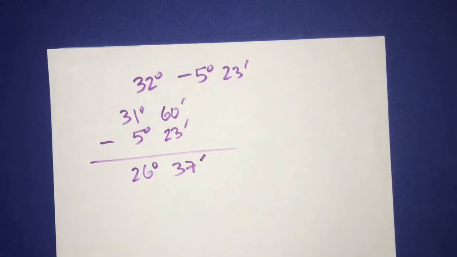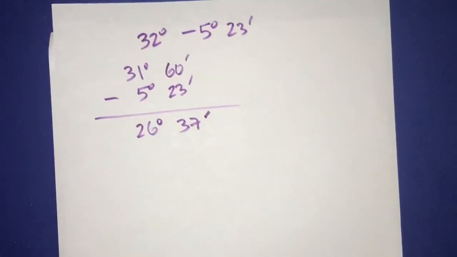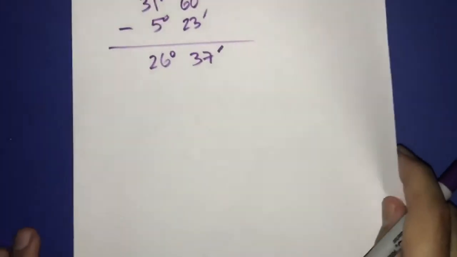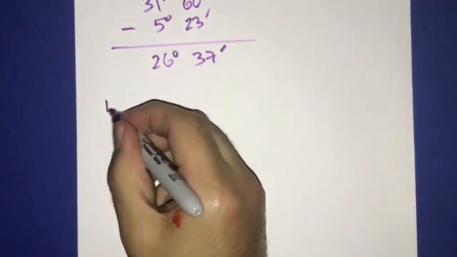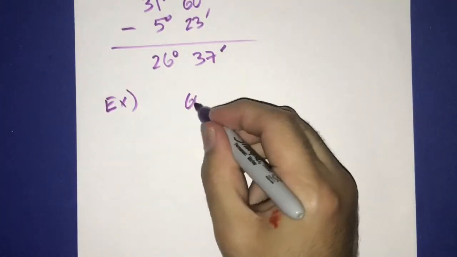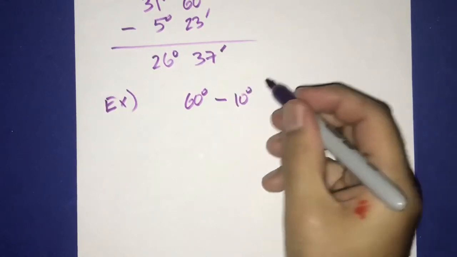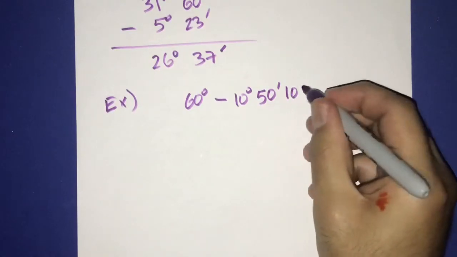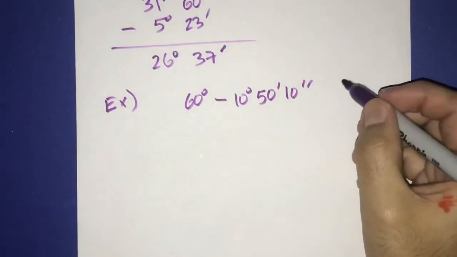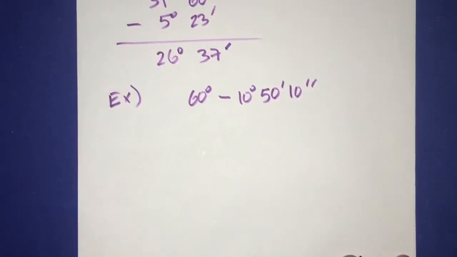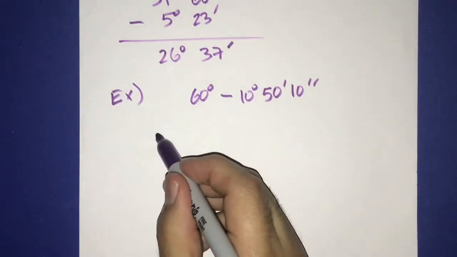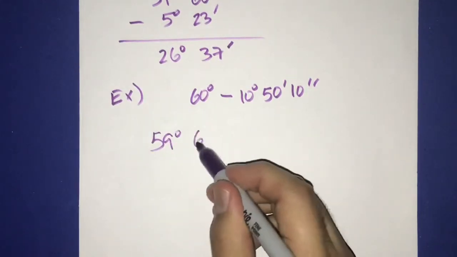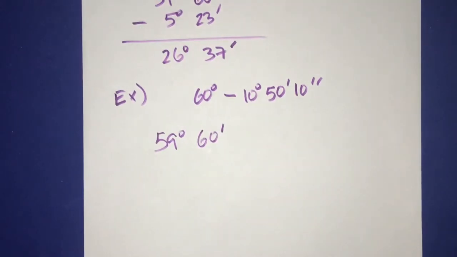Okay, and now let's look at another similar example with borrowing, just to get a better feel for this. Let's say we have 60 degrees minus 10 degrees, 50 minutes, and 10 seconds. Just like the previous example, we're going to have to borrow. So here we are going to have to rewrite this as 59 degrees and 60 minutes.